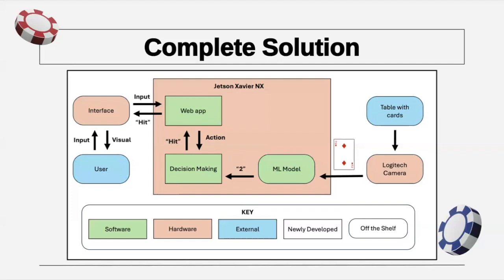So this processing algorithm will not only tell you what the best decision is, it will also tell you what you should bet on your next turn, assuming you have a strategy followed. So that is the basic flow of our product.